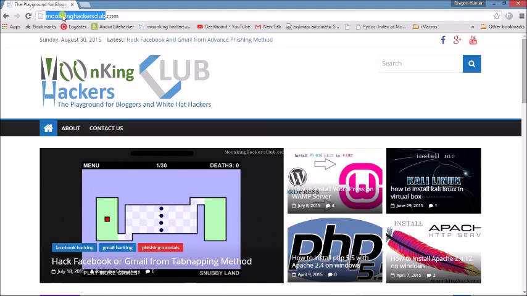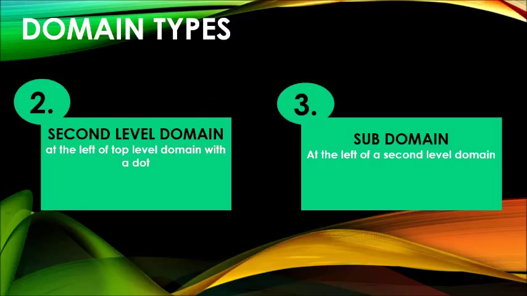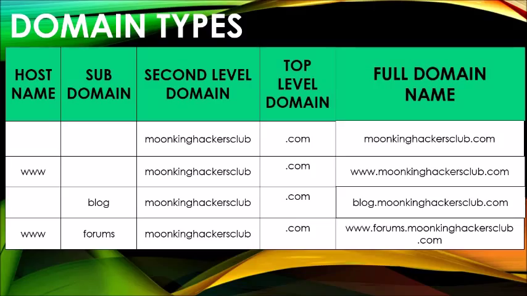Now comes the third part, that is the subdomain, and it is at the left of the second level domain. In our domain there is no subdomain, so I can't show it here. We will see it in the next example. Here you can understand it better. Like www is known as the hostname, and these are subdomains.